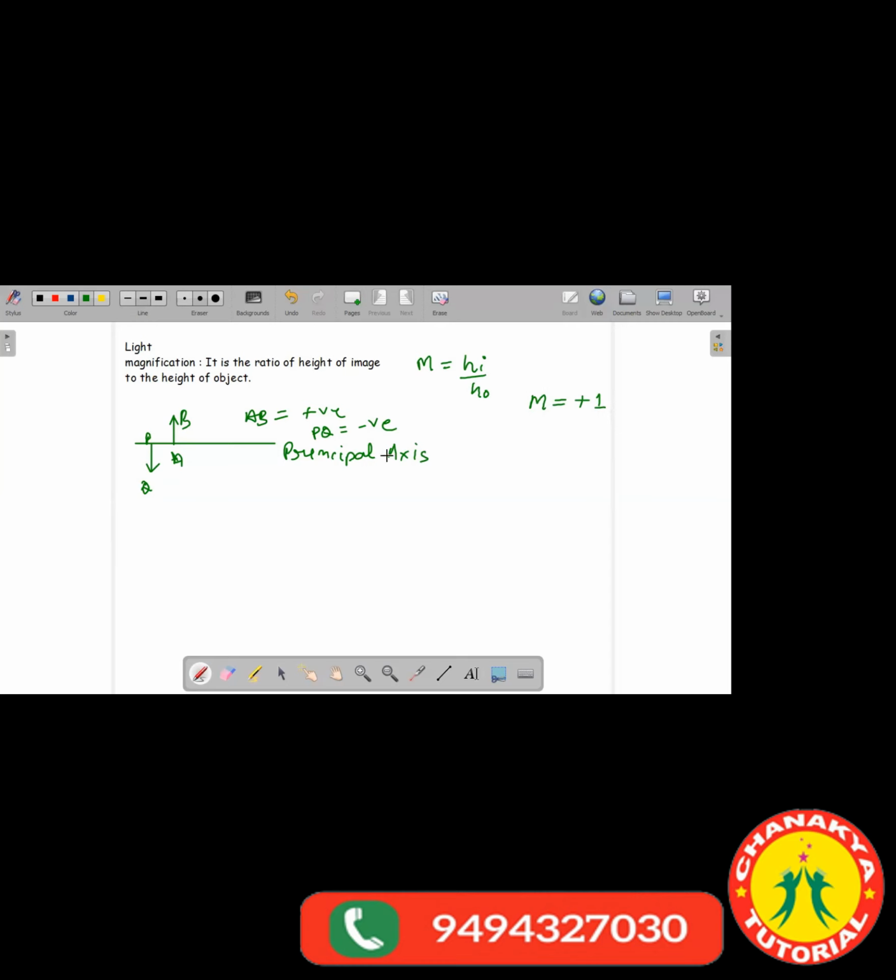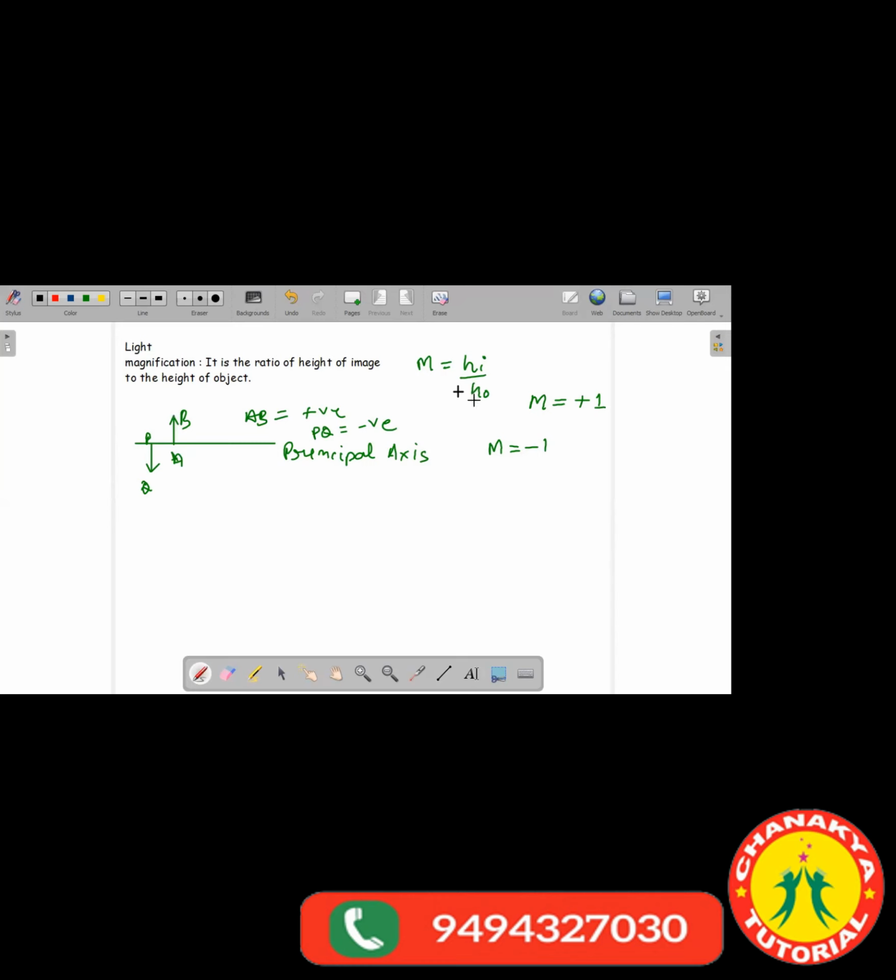If you get magnification as negative, let's say I get magnification as -1, a negative value of magnification will be obtained only when the height of image is negative, since height of object will always be positive. Height of object, HO, will always be positive, since the object will always be placed above the principal axis.